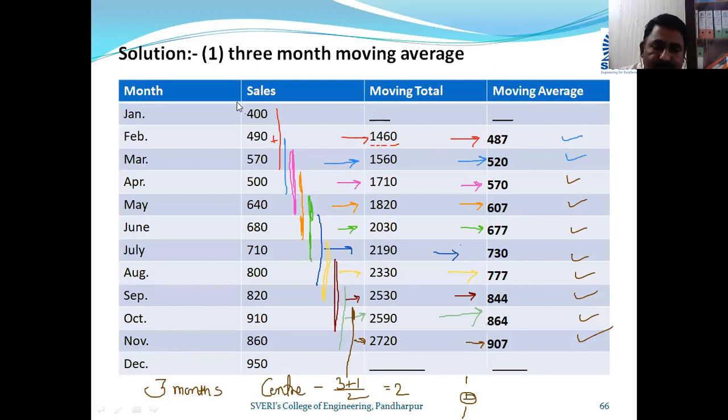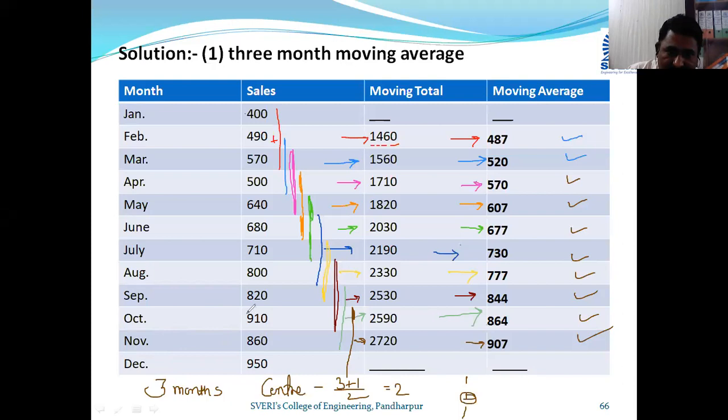And now, in the numerical, it is asked to calculate the further prediction for January. So it is a 3 months average. So what I will do, I will take October, November, December: 910 plus 860 plus 950. So next, what is asked for January?